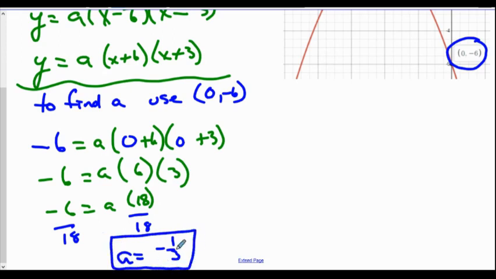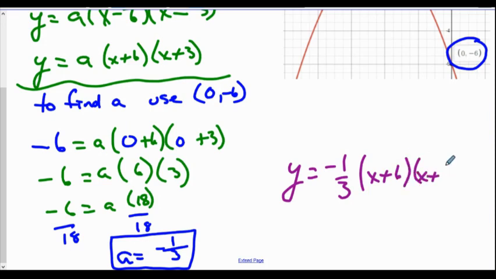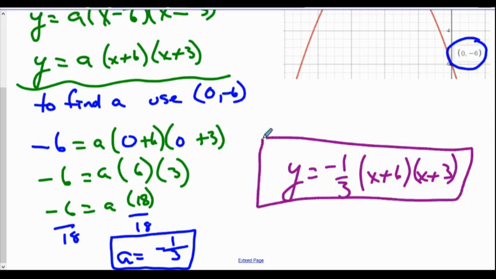You're best leaving that as a fraction, just a reduced fraction. So a is -1/3. So now my final answer: y equals a, which is -1/3, times (x plus 6) times (x plus 3). That's how we write our equations in factored form.